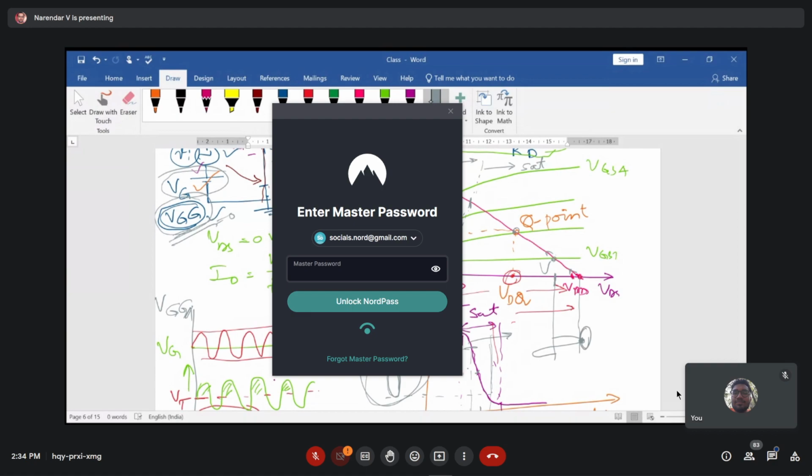So it should not be very close to the VDD level, and it should not be very close to the 0 level, because there is a possibility of clipping of the positive peak or negative peak of your analog signal once it is getting amplified. To avoid that, we fix the point at the center of this region, so that none of the peaks, positive or negative, get clipped out.